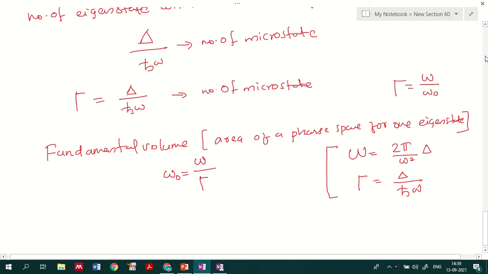We'll have h cross omega square, right? Delta omega square. So if I substitute 2 pi delta by omega square divided by delta by h cross omega.